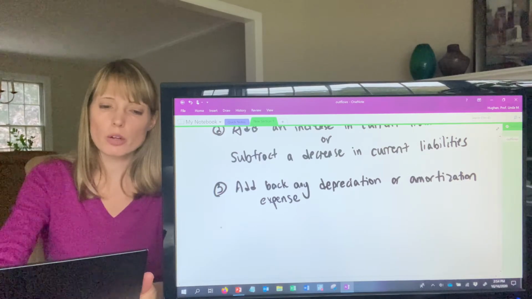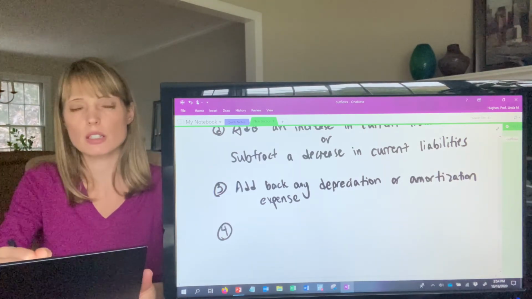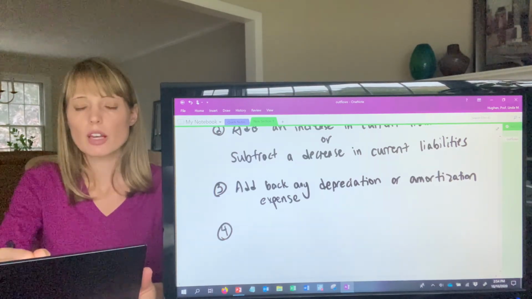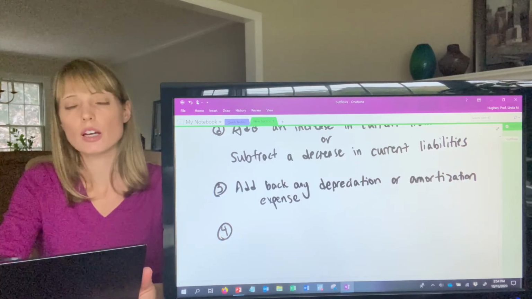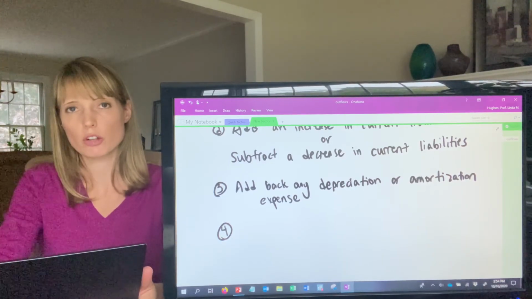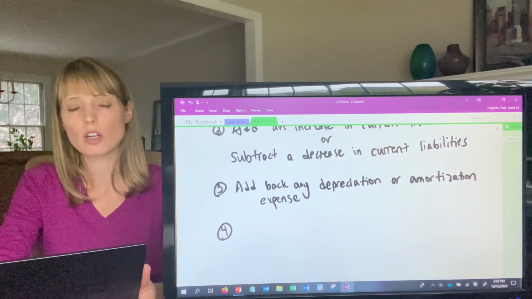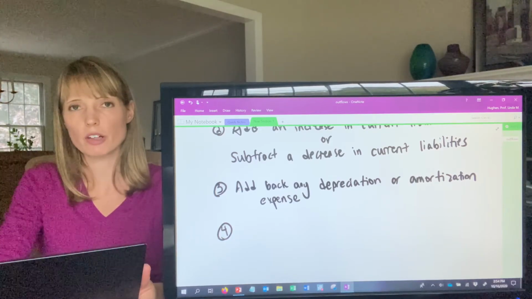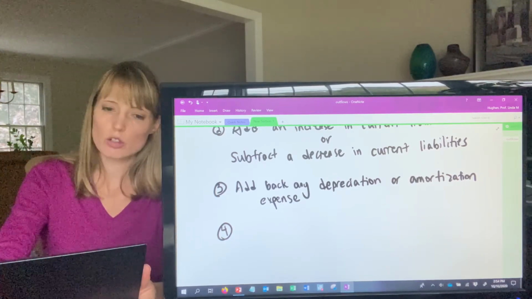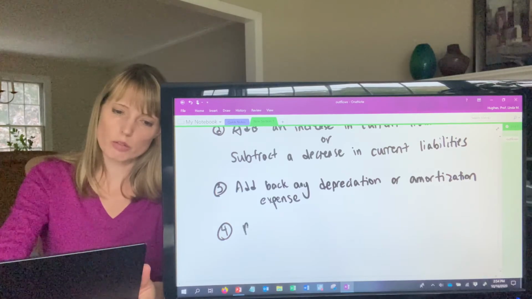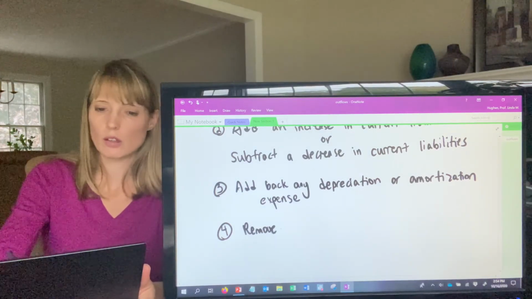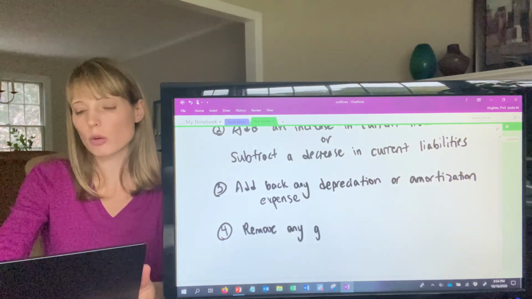And then one more item that we didn't see in our examples is if the company had sold any plant, property, and equipment or investment securities at a gain or a loss, we want to subtract out the amount of that gain or loss. So remove any gains or losses.